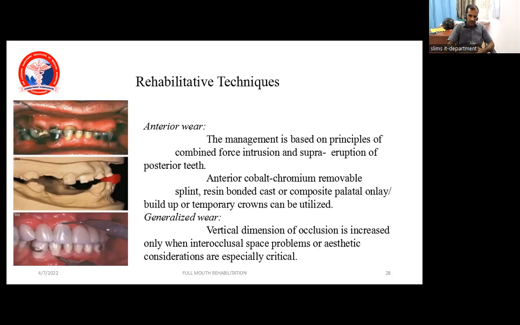Unless you allow your posterior teeth to supraerupt, there is no point in replacing the worn out anterior teeth. An anterior cobalt chromium removable splint, a resin bonded cast partial denture, or a composite palatal onlay can be utilized to correct the anterior tooth wear.